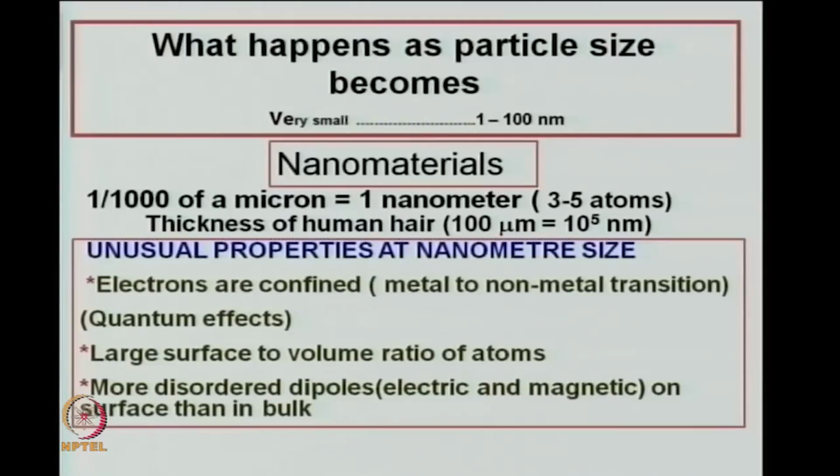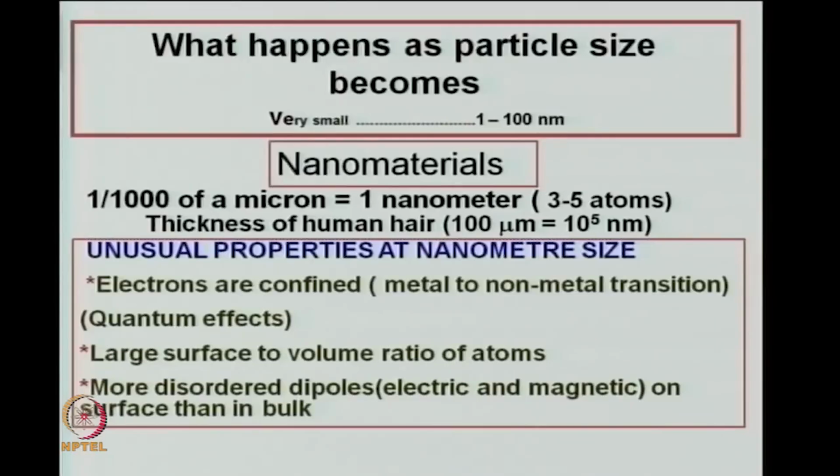And as defined, 1 nanometer is 1 by 1000 of a micron or a micrometer, and typically in 1 nanometer you may have 3 to 5 atoms. To give you another idea of this size of nanometer, if you take a human hair and measure the thickness of the human hair, that is the diameter of the hair, then the diameter of a human hair is of the order of 100 micrometers, which means 1 lakh nanometer, 10 to the power 5 nanometers.